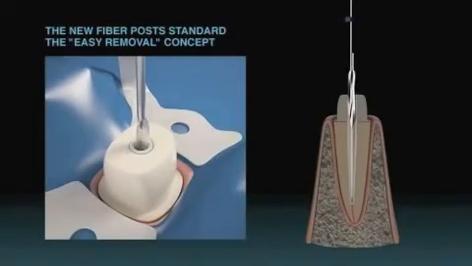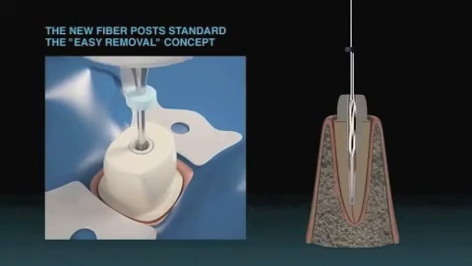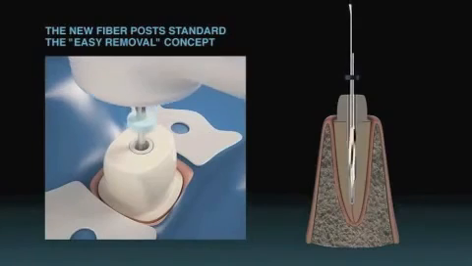Once the macrofibre has been removed, it's possible to clear out the interior of the post with a typical Gates Glidden drill or a Largo piezo reamer, depending on the needs of the clinical case.